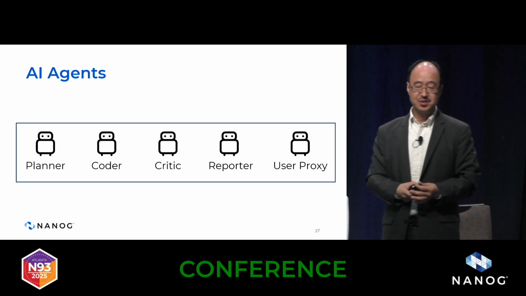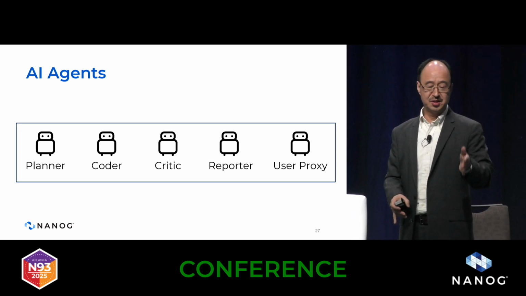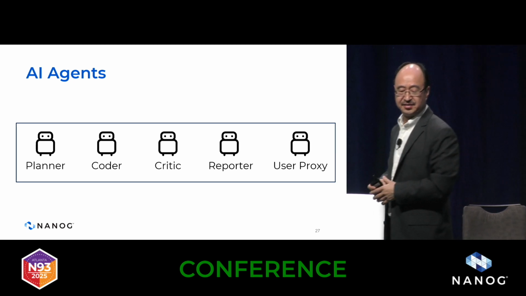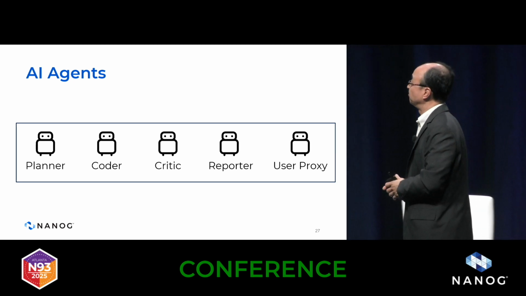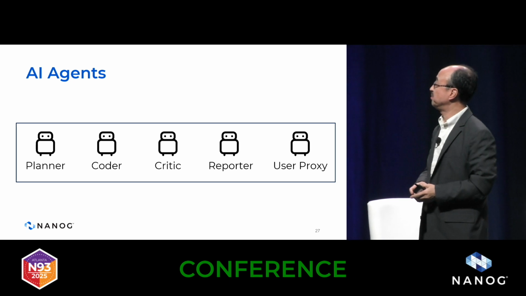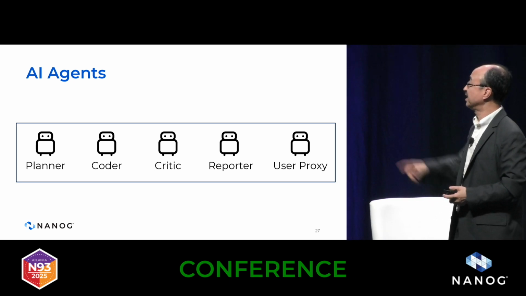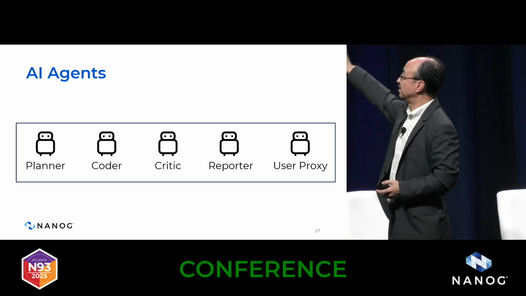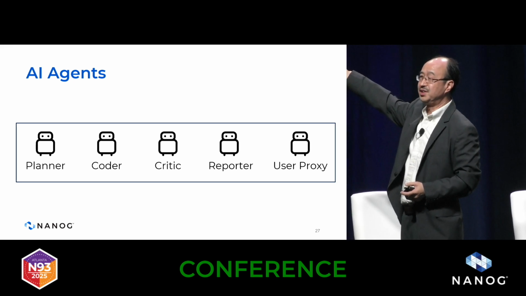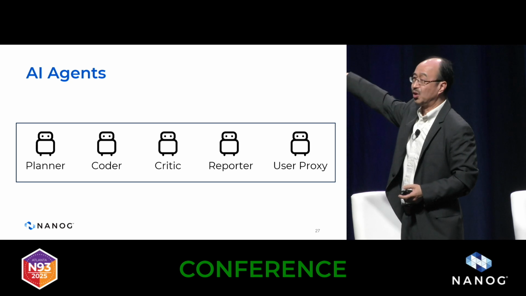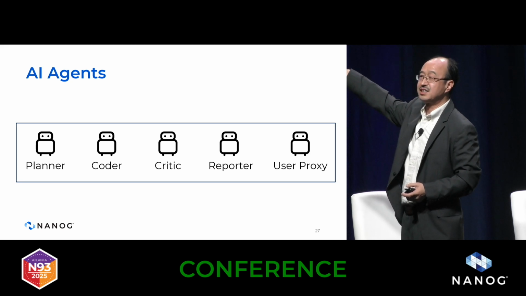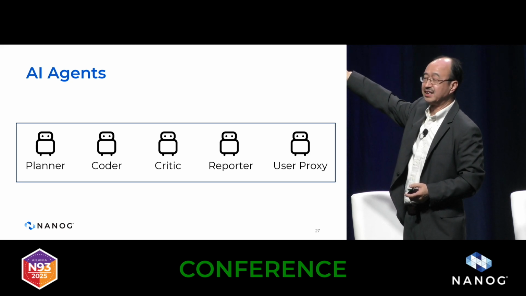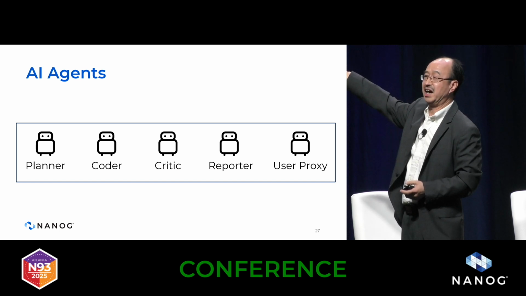In this simple project, we're going to use 5 of these agents. We talked about them a few slides back. The planner agent does the planning, high level, converting our requirement into a set of steps. The coder agent does the writing of the Python code, satisfying the requirements that were outlined.